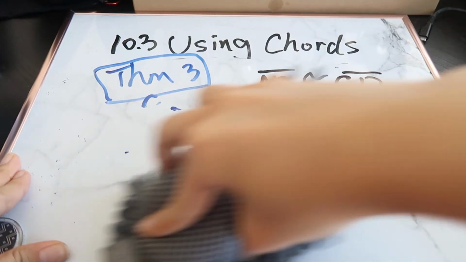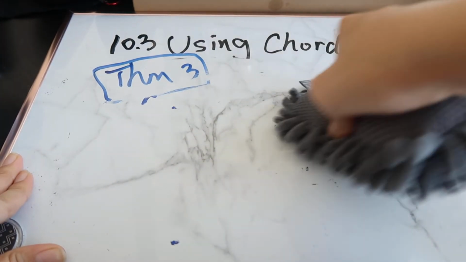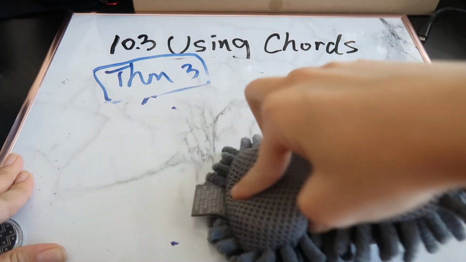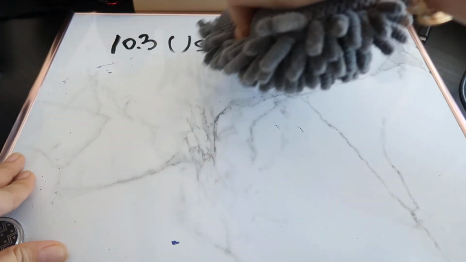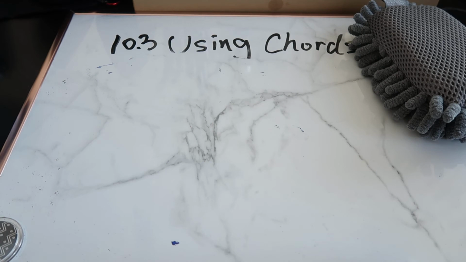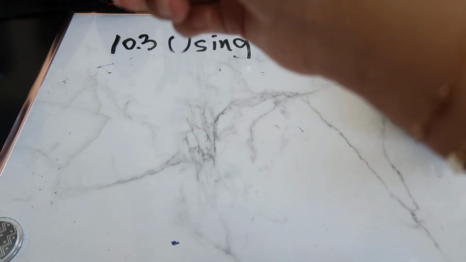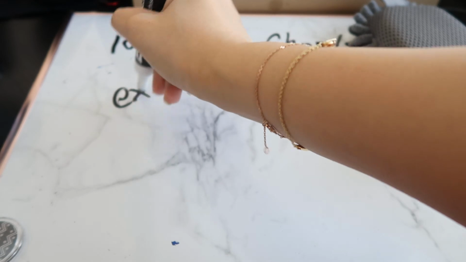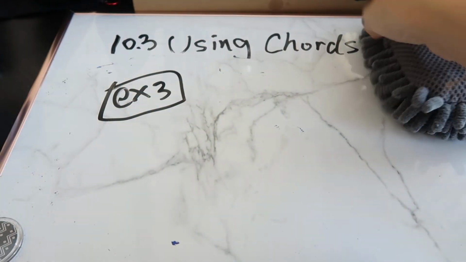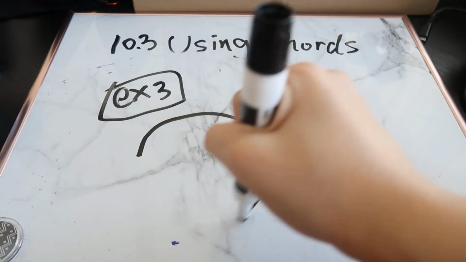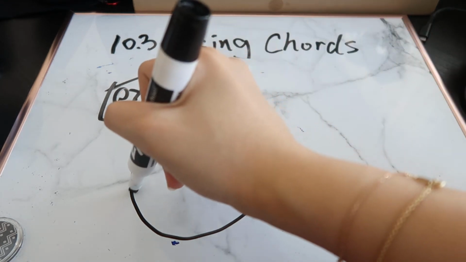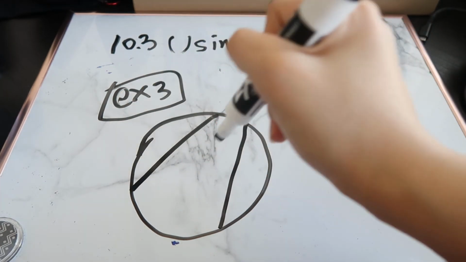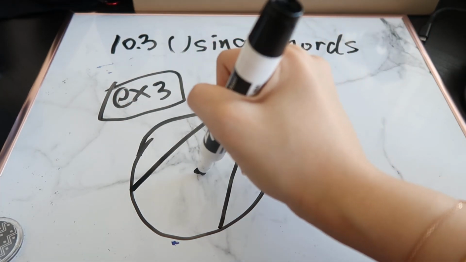Okay, so let's talk about one example here. Alright, so example 3, you would have a circle here, then you have 2 chords, the center.